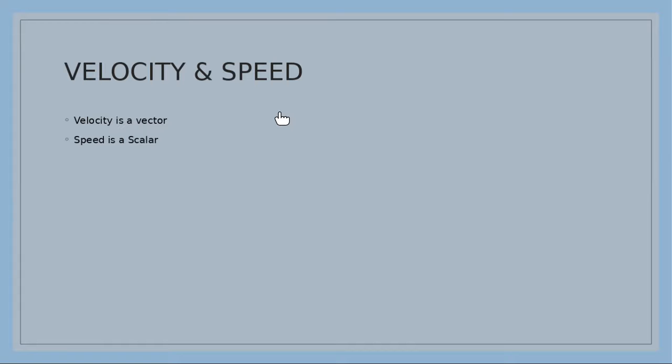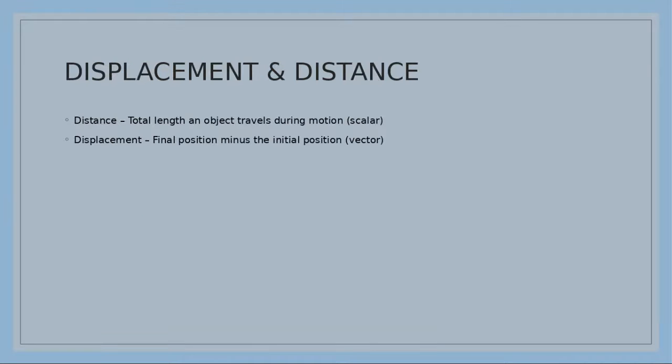So the next thing we need to describe is velocity and speed. The main difference between velocity and speed is that velocity is a vector and speed is a scalar, but they're not the same, the same way displacement and distance are not the same.